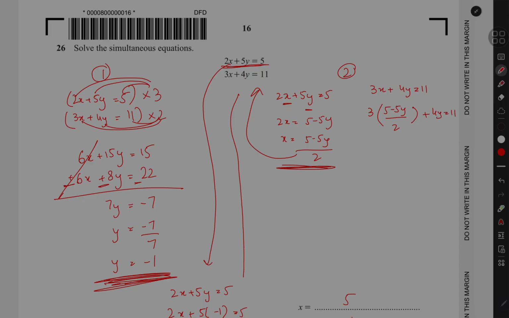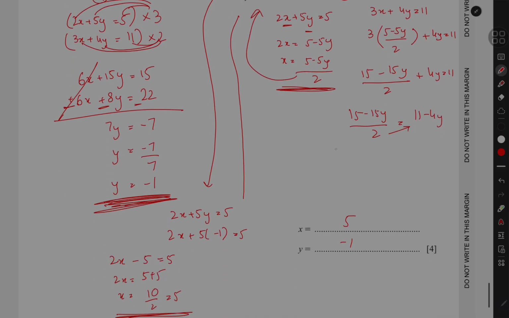Now, I can just multiply these. 3 5s are 15 minus 5 3s are 15y over 2 plus 4y is equal to 11. 15 minus 15y over 2 is equal to 11 minus 4y. I can just multiply 2 over there. 15 minus 15y is equal to 11 2s are 22 minus 4 2s are 8y.